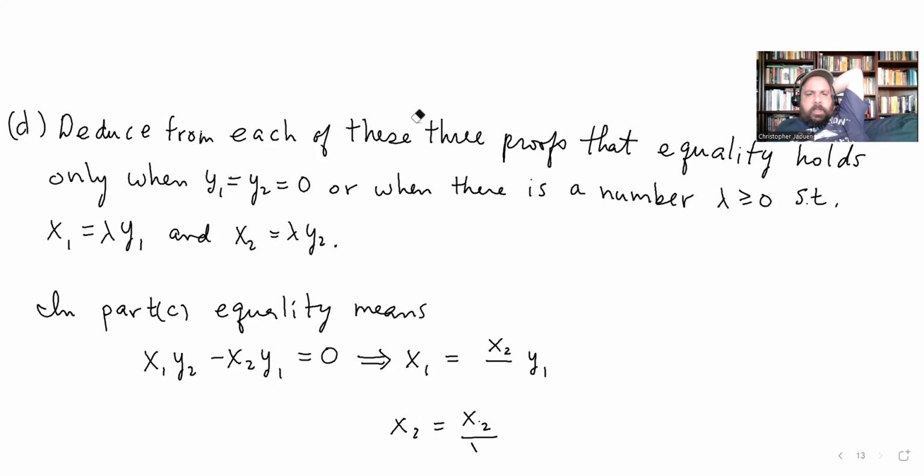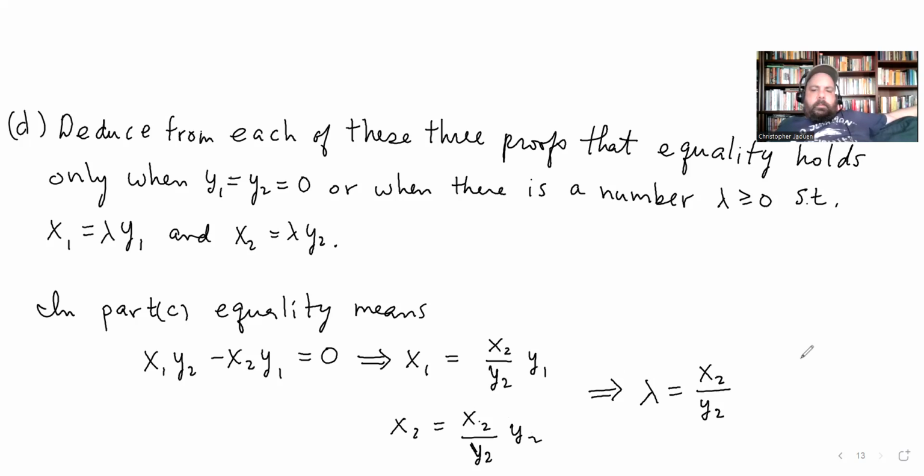I'm trying to solve this in my head. x1 would be x2 y1 over y2. Sorry, this should be y2 here. And this would be x2 over y2 times y2, because the y2s just cancel, right? So in this case, lambda would be x2 over y2.